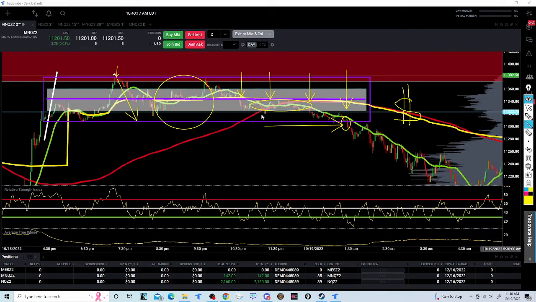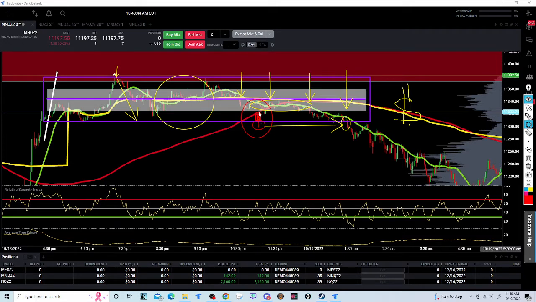If the candle came out like this, okay, if your candle came out, but look how it closed.